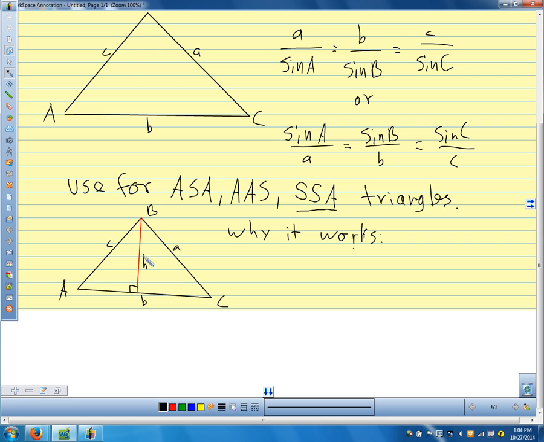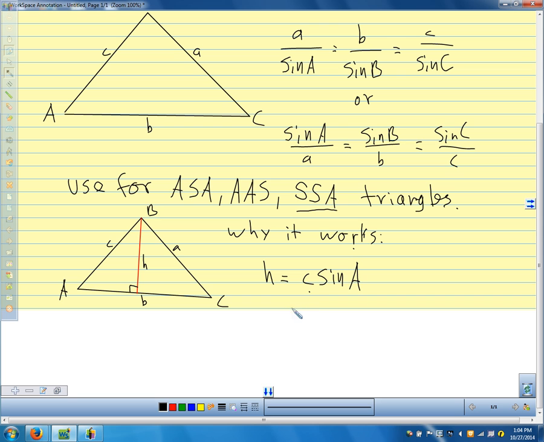If we look at this right triangle on the left, we can find the height. The height equals c sine A. This is the opposite, and this is the hypotenuse.